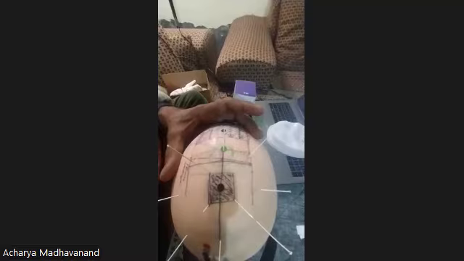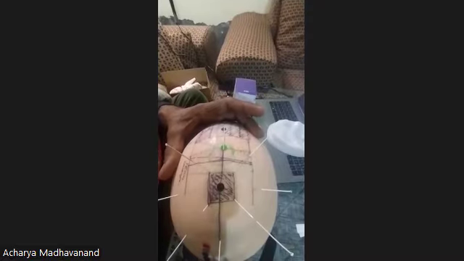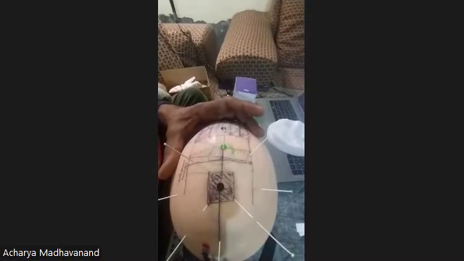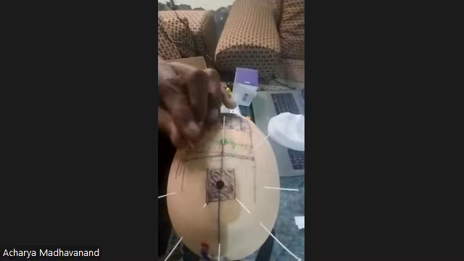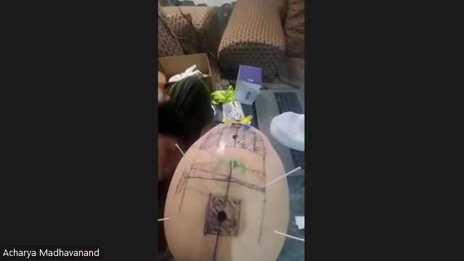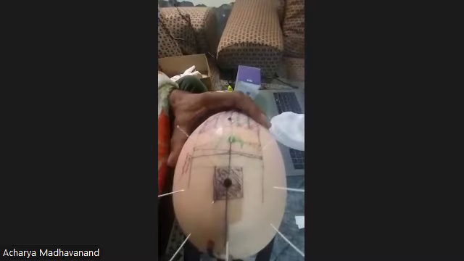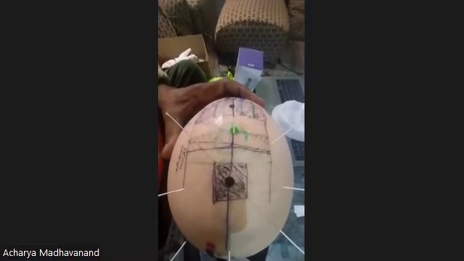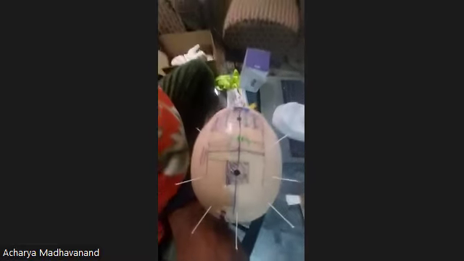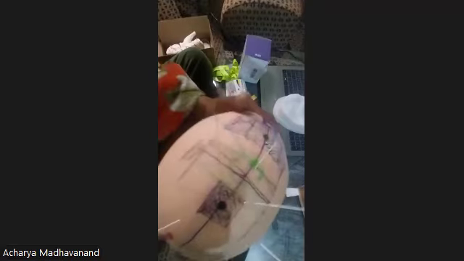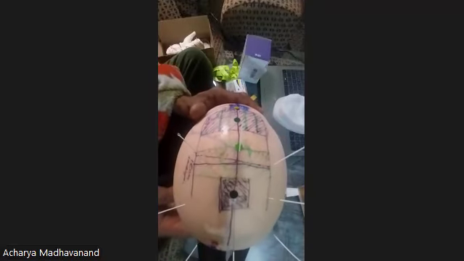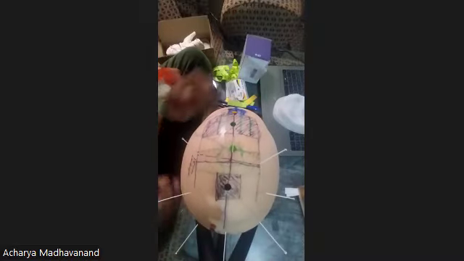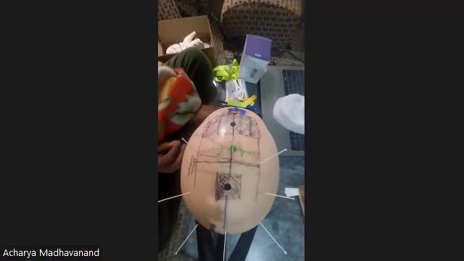But towards the middle, you needled two needles perpendicularly. No, not perpendicular. All the needles are in a lotus pattern. You can call it lotus. All the needles are in the same direction.